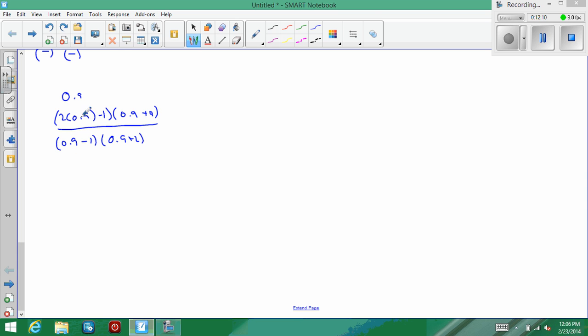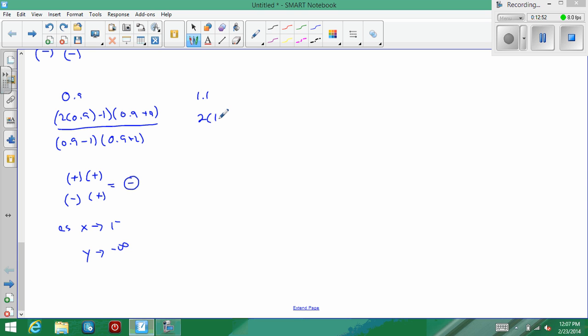So here we're going to get 1.8 minus 1, which is a positive number. 0.9 plus 4 is positive. 0.9 minus 1 is a negative. 0.9 plus 2 is a positive. So we only have one negative, which is a negative number. So as x approaches 1, we're on the left side of the asymptote right now. So from the left, y approaches negative infinity.